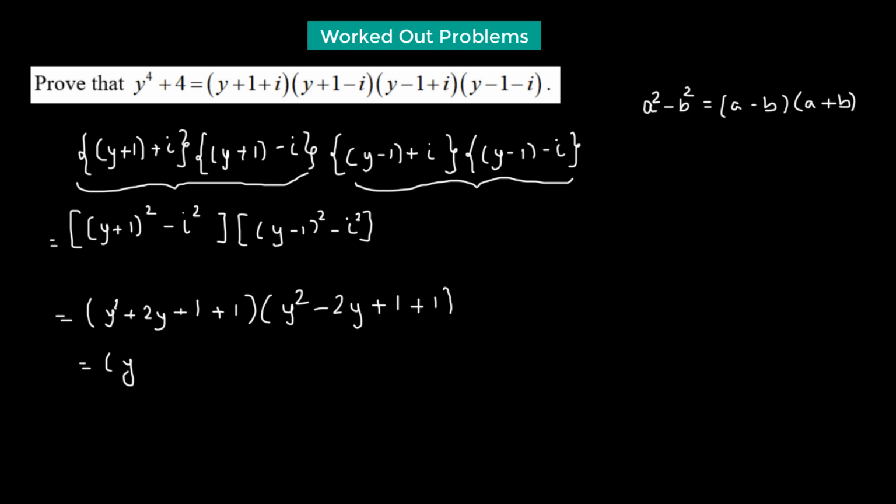That should give us (y² + 2 + 2y) multiplied by (y² + 2 - 2y). Now we're going to recombine this again using the identity (a - b)(a + b). So we have (y² + 2) whole squared minus twice of y whole squared.